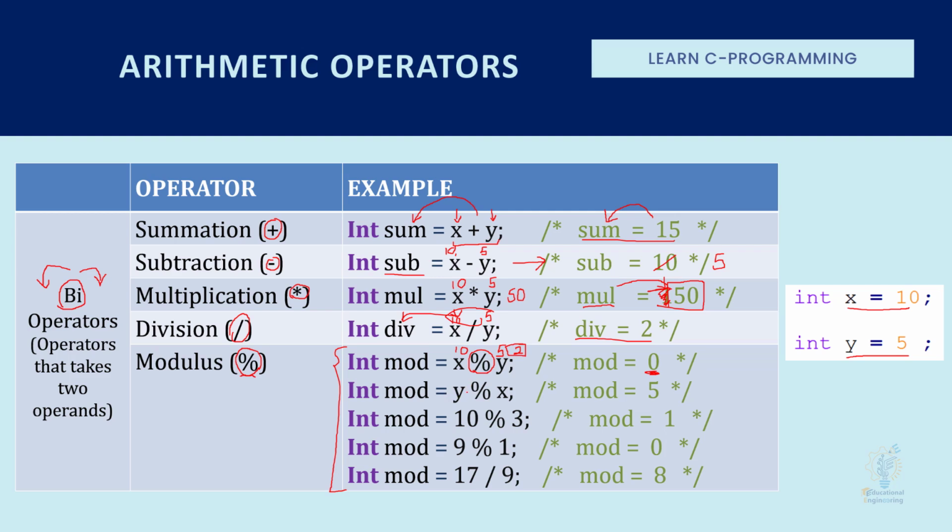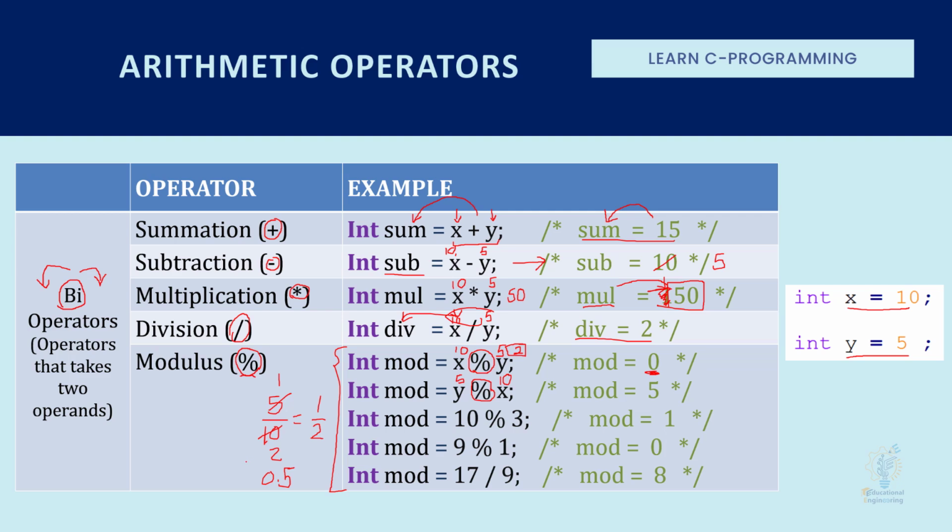Now, if y is divided by x, now this is a remainder sign. Again, you need to do it first as a division, then you take the remainder of that division as the result of the mod. So y divided by x, y here is 5, divided by x, which is 10. Now, when we divide 5 by 10, this is called a division. So the final result will be 1 divided by 2, which is basically 0.5.